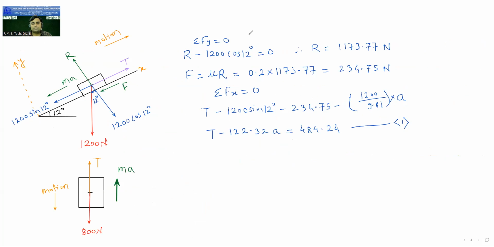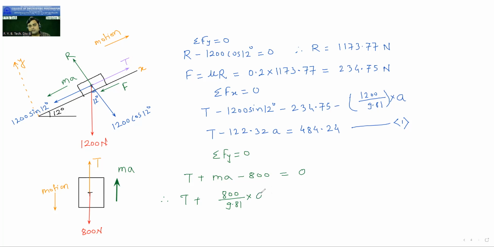So now, if I apply summation Fy equal to 0, then it is plus T plus Ma minus 800 is equal to 0. Therefore, T plus M is W by G. So W is 800 divided by G, which is 9.81, into A. What acceleration did we find? It has to be calculated.